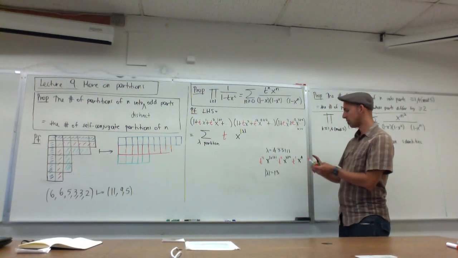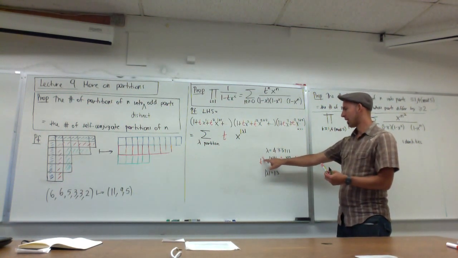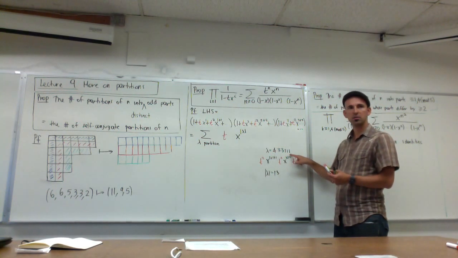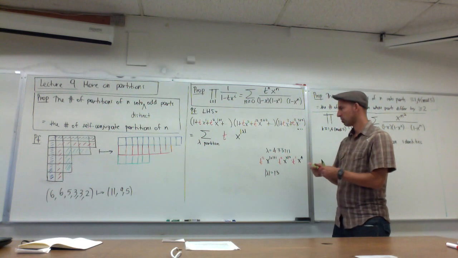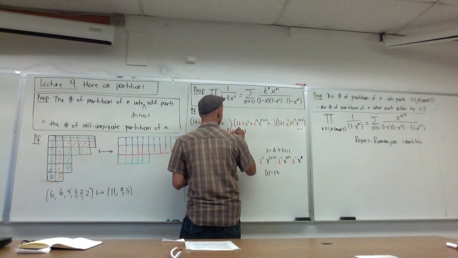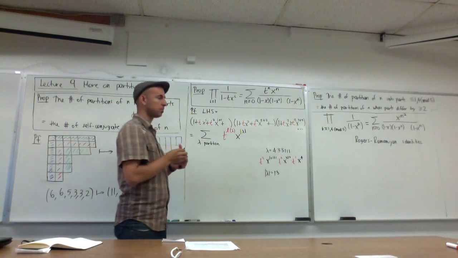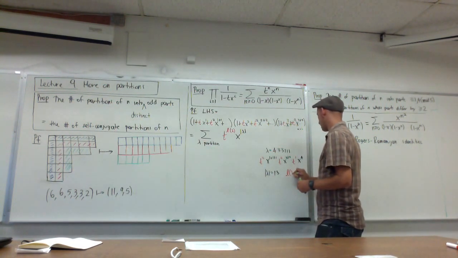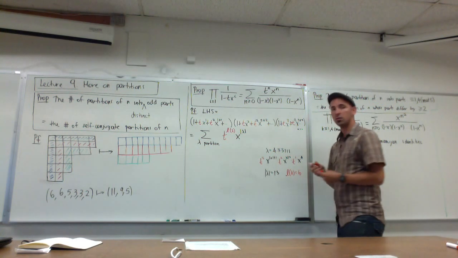And in general, I get t to the 3 plus 2 plus 1 because that's the length of this partition. So t is going to be raised to the length of that partition. Okay. In this case, the length of the partition is 6.